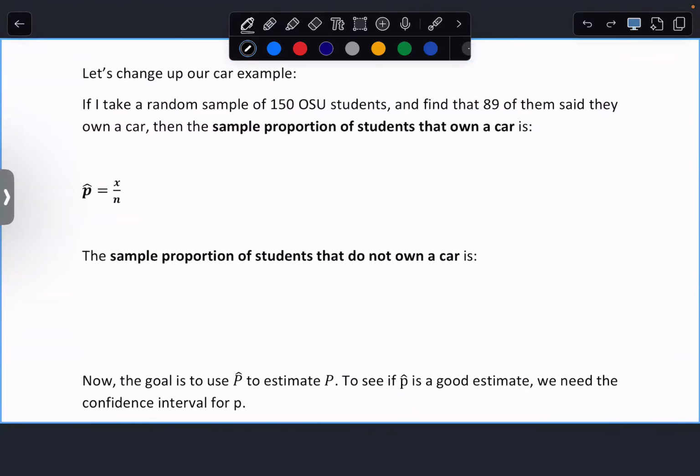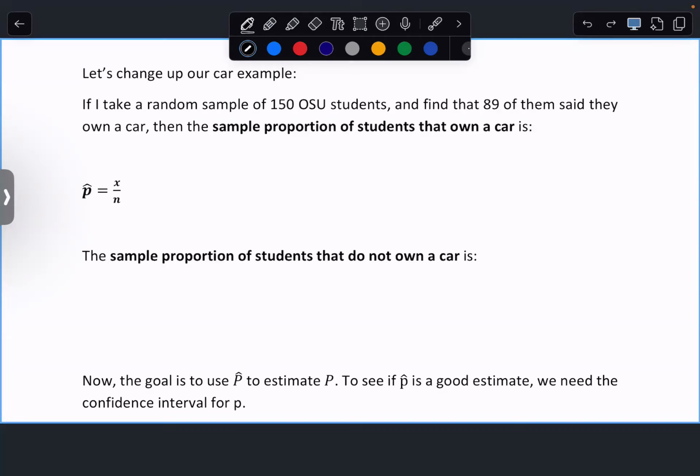Okay, so proportion isn't very challenging and I think it's just straightforward. So we want to change slightly the example we saw above and say, if I take a random sample of 150 OSU students and find that 98 of them said they own a car, then the sample proportion of students that own a car is, what would that be? Anyone? Great. 89 divided by 150.